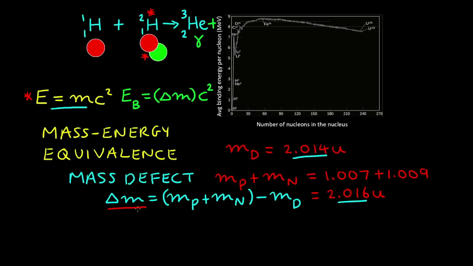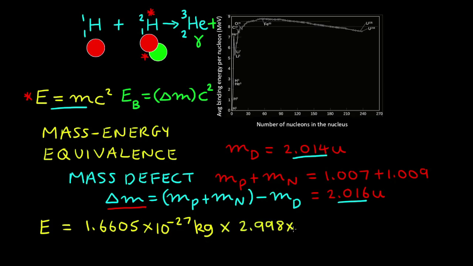So if we recall, one atomic mass unit is 1/12 of the mass of a carbon isotope, which was 1.6605 by 10 to the minus 27 kilos. Then we can calculate the energy equivalent of one atomic mass unit. So we have E equals mc². So m multiplied by the square of the speed of light, which is 2.998 by 10 to the 8 meters per second squared.